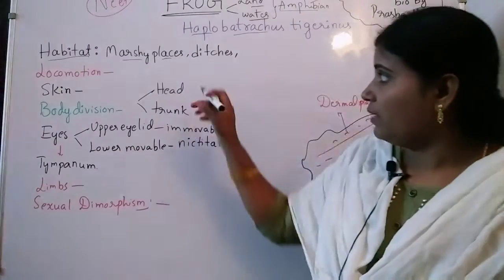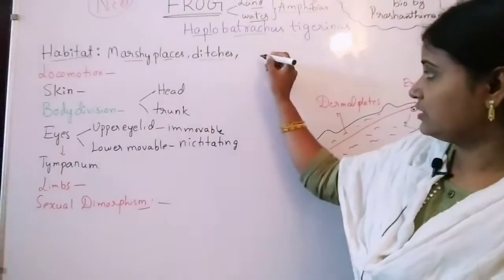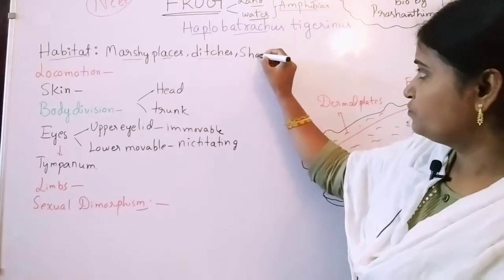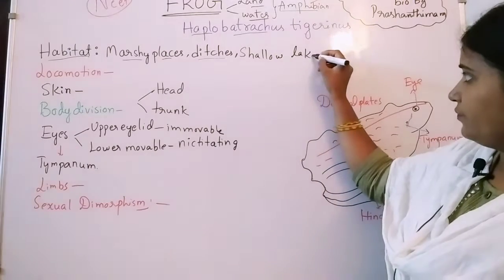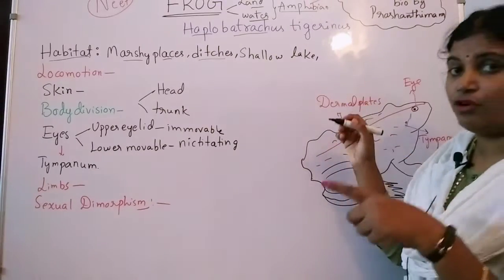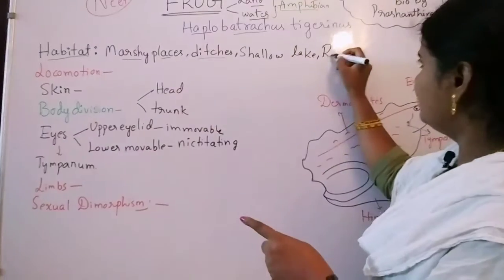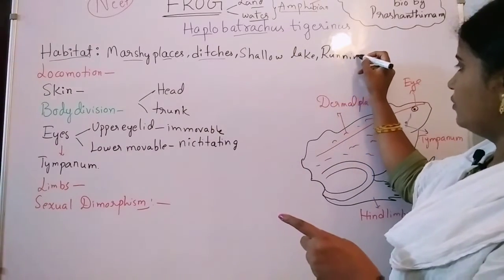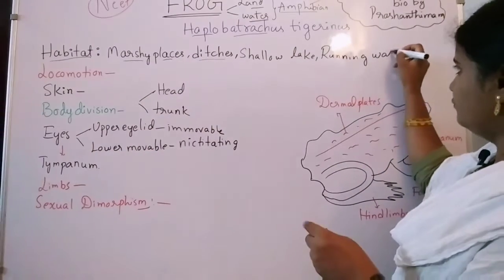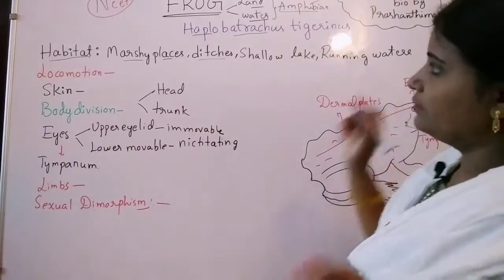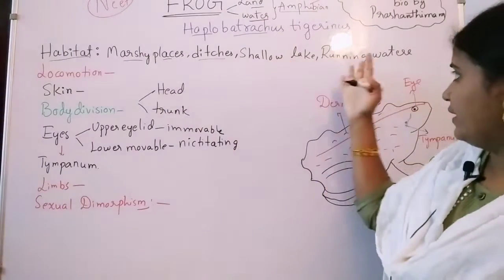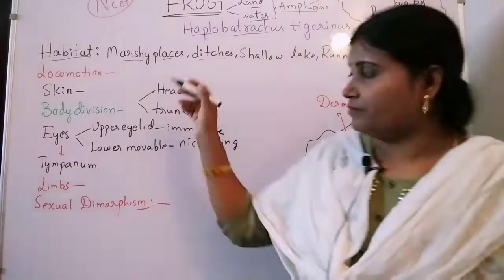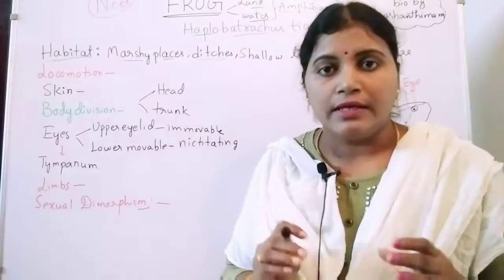So marshy places, ditches, even shallow lakes, and also running waters, where we can find frogs. These are the main places where frogs live.